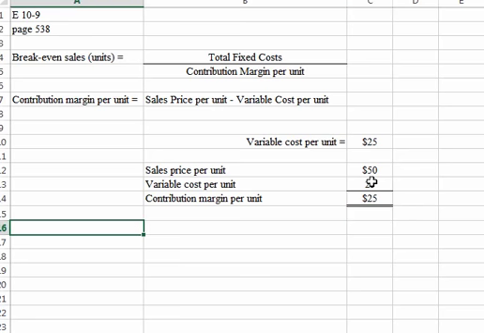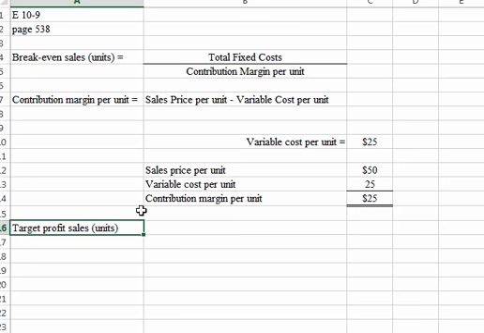Okay. Now, they're wanting to make a profit here of $75,000. I'm going to call that their target profit sales in units.